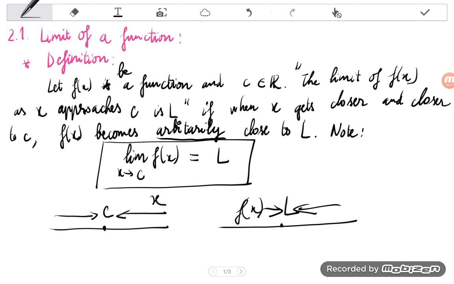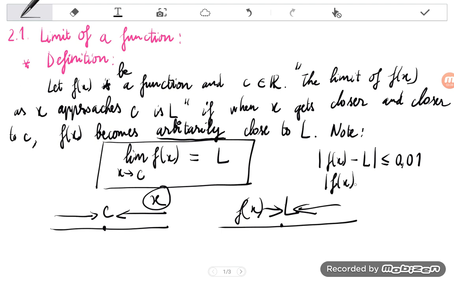What does it mean? It means that if you want the distance between f(x) and L less than 0.01, you can choose a value x near C so that this happens.